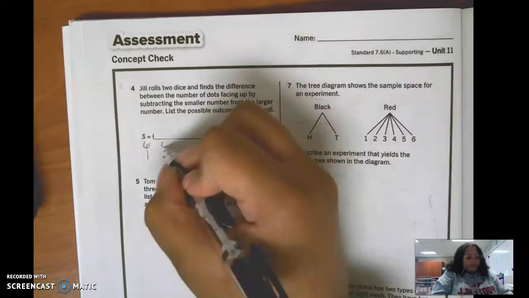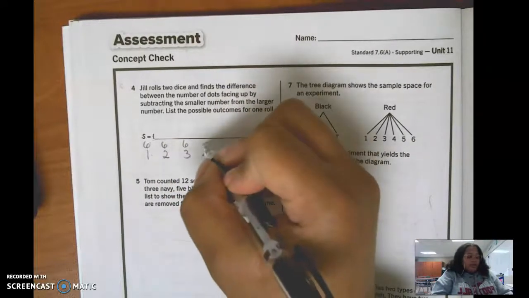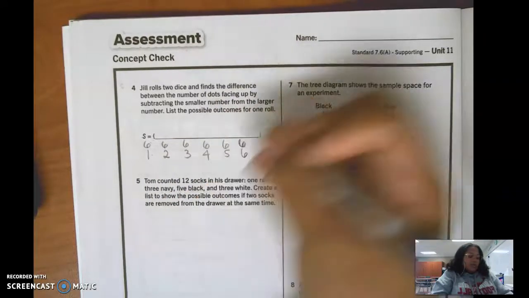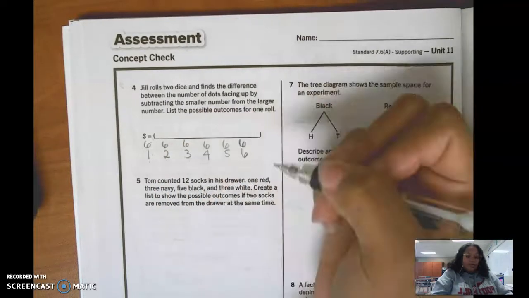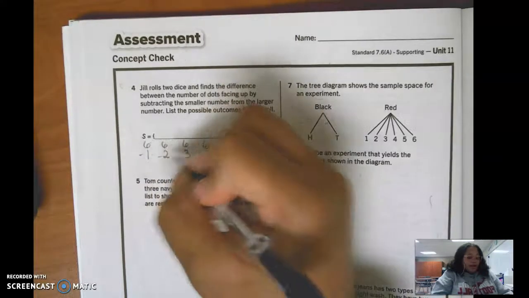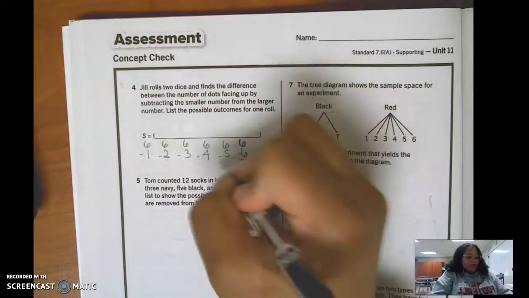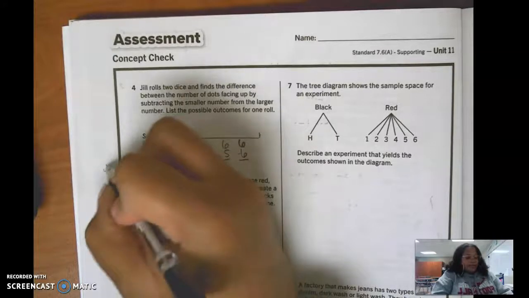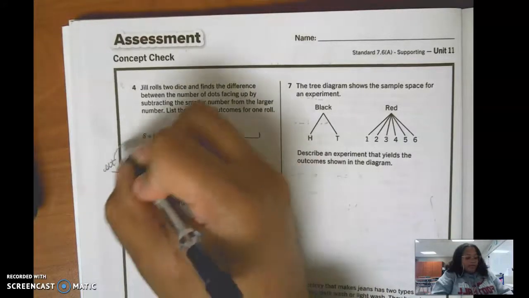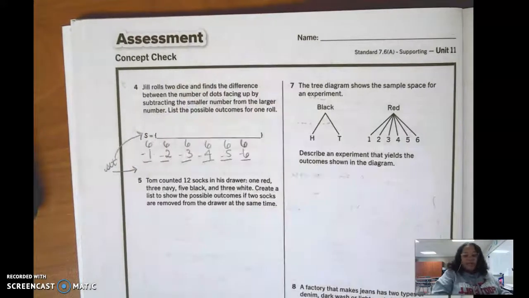I was right. 6 minus 1, 6 minus 2, 6 minus 3, 6 minus 4, 6 minus 5. This will be 5, 4, 3, 2, 1, and 0. So, subtract. And this will be your set. That goes here. That's what S is for.